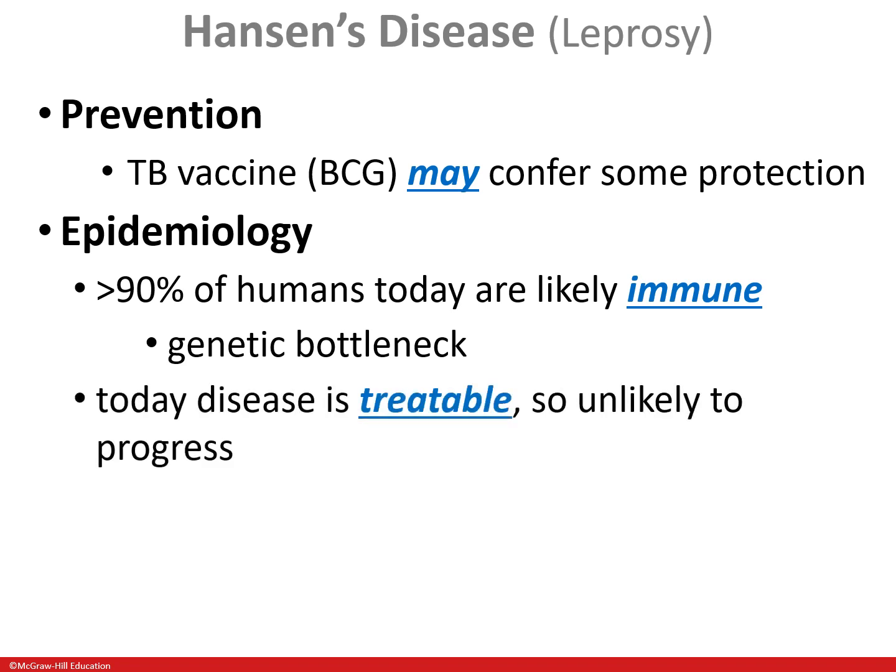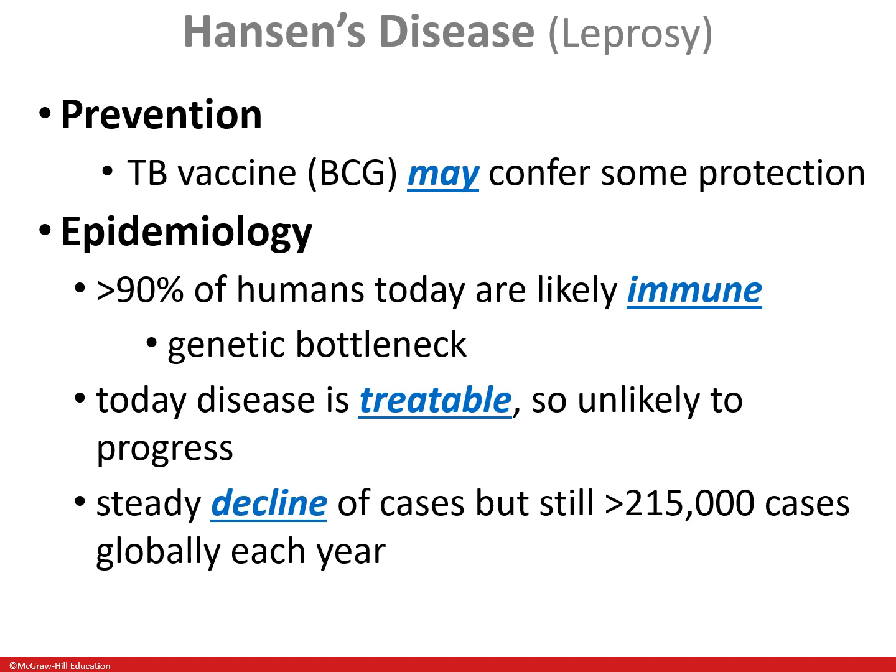And we also don't see this disease very frequently because now we have antibiotics, so it's unlikely to progress to the visible form that we think of. We still have certain parts of the world, so again, in Brazil, they still see some cases, but again, it's treatable, and so it's not nearly the stigma, and it's not nearly as common as it used to be.